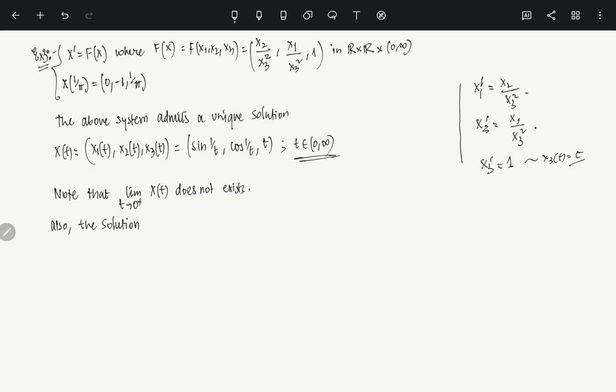Yes. So basically, let's say if you fix t between 0 and 1, the solution is trapped in this cylinder. What is this?